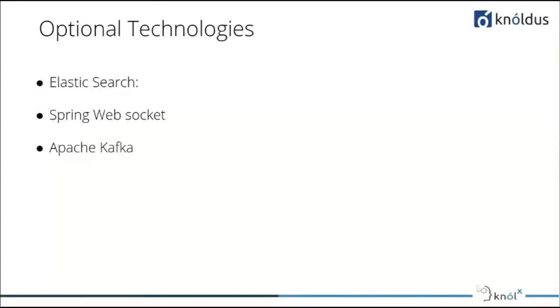JHipster also provides other optional technologies, like Elasticsearch, Spring WebSocket, and Apache Kafka. We all know what Elasticsearch and Apache Kafka are and how to use them, so we can improve our application further.